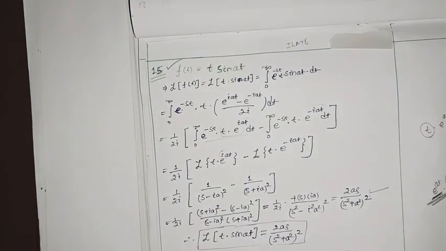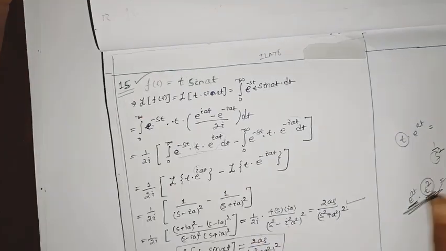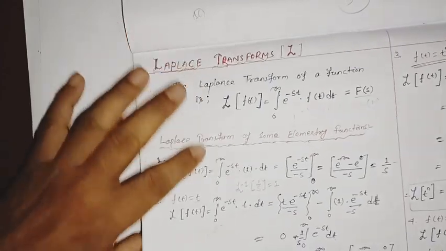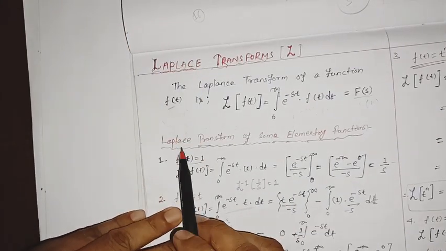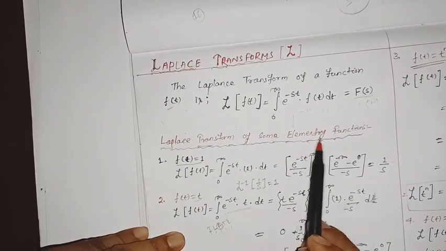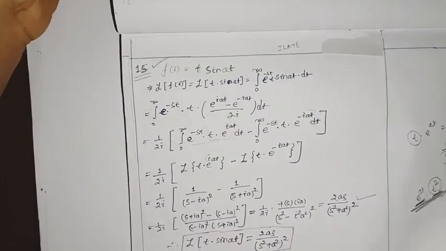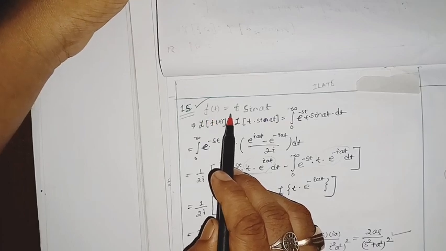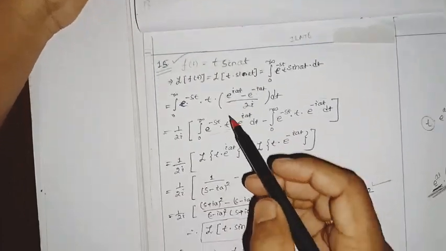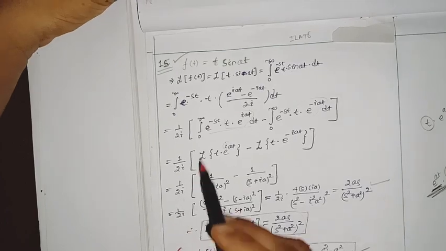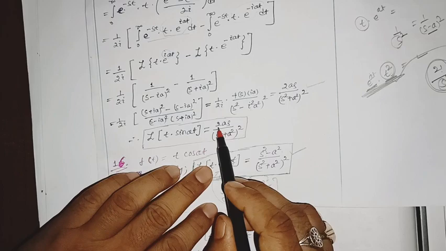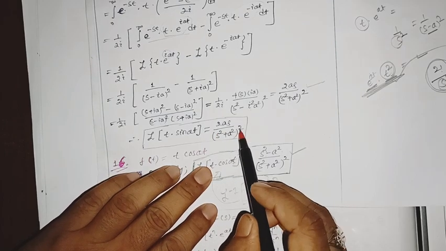Here you can see in our 15th basic Laplace transform that we discussed in our previous class, maybe the first class, we discussed Laplace transform of some elementary functions. In the 15th elementary function, where we consider f of t equal to t sin at, we derived the Laplace transform of this function traditionally, and we found the same: 2as by s square plus a square whole square.